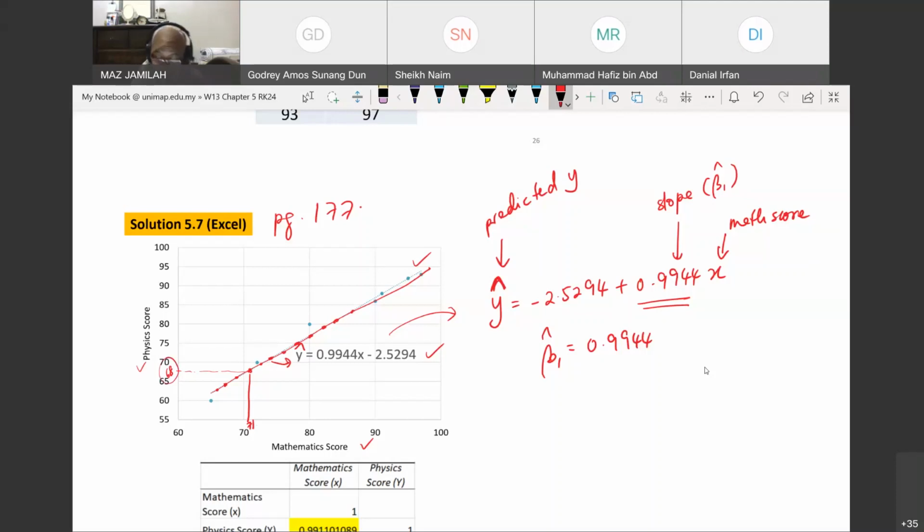But how do we expect the change in x? So class, since the coefficient of your x is given by beta 1 hat, which is 0.9944, what does it tell you?